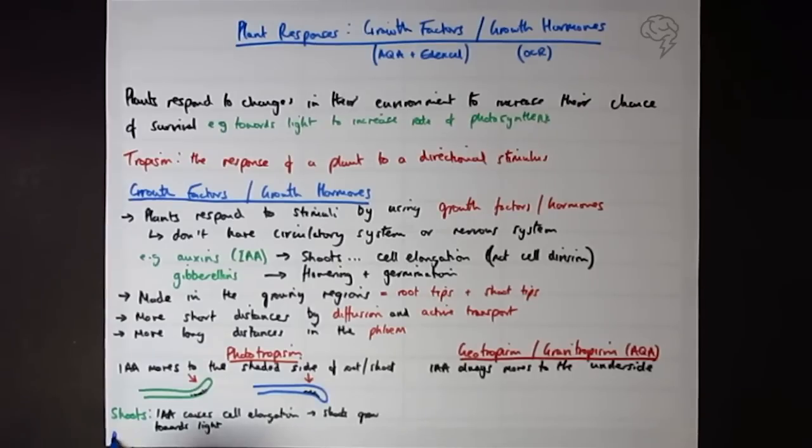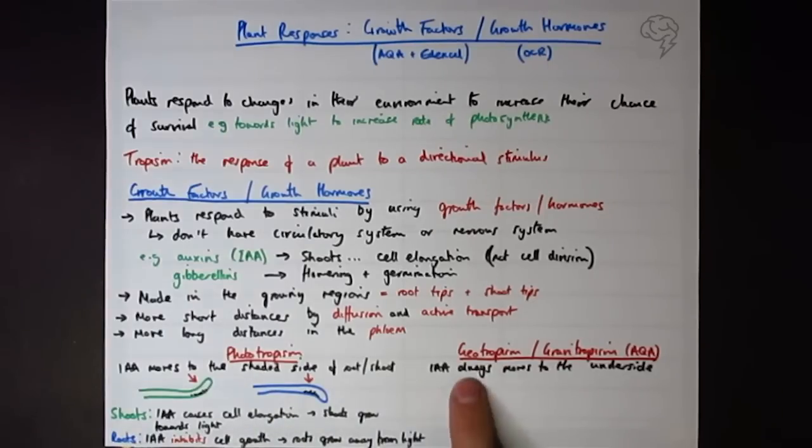In roots, it's going to prevent cell division. It's going to inhibit cell growth so that the roots grow away from the light. So in shoots we'd call this positive phototropism, and in roots we call it negative phototropism.